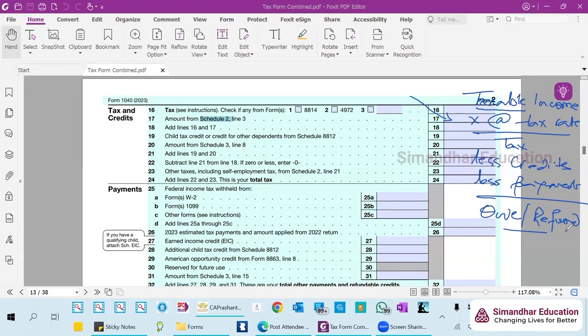We need to learn what income is, what's included in the exclusions, what adjustments to income are, a little about AGI, itemized deductions and standard deduction, QBI, tax rate, tax credits, and payments, and we are done with 1040. So everything that we need to study in the next few weeks is within this formula.